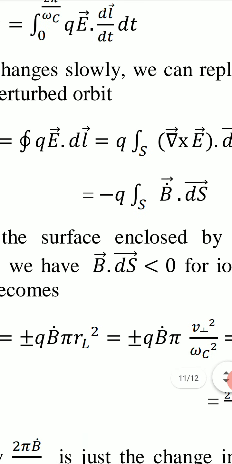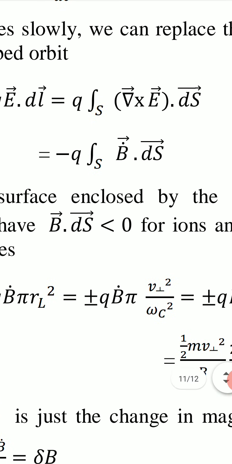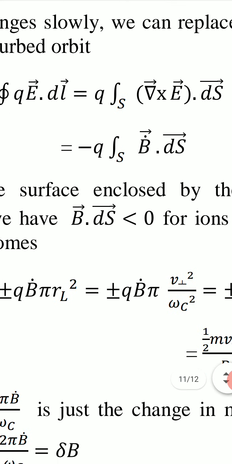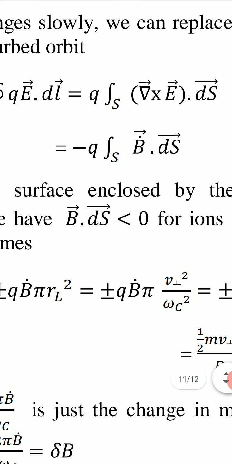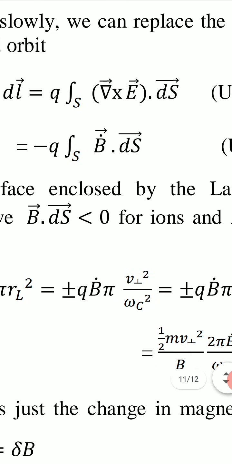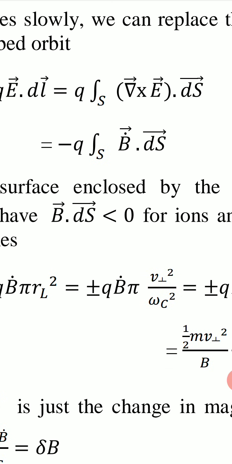And now this line integral can be converted into a surface integral by using Stokes theorem. We can change this dl vector into ds vector. To convert it into a surface integral, we write ds vector in place of dl vector.